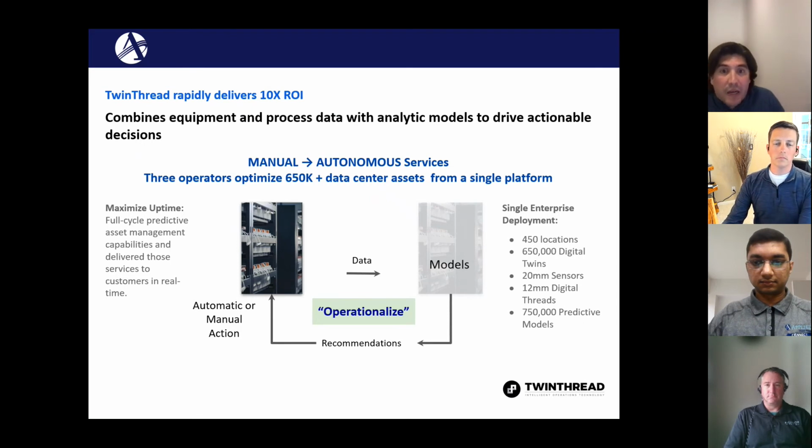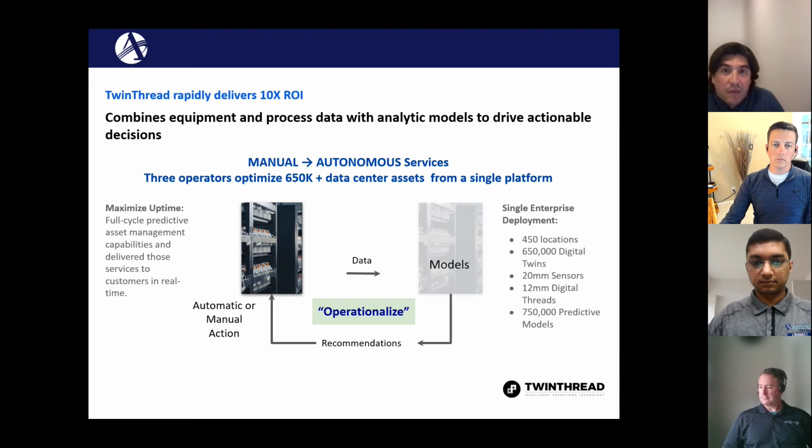We take all that rich data also from IoT platforms like Elevate and apply AI capabilities and apply workflows that prevent issues and also optimize performance of assets from a single platform. And in this particular customer example, we prioritize the reliability and the performance of critical power equipment across 450 data centers.